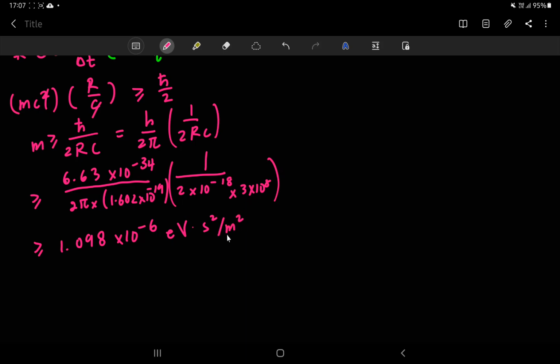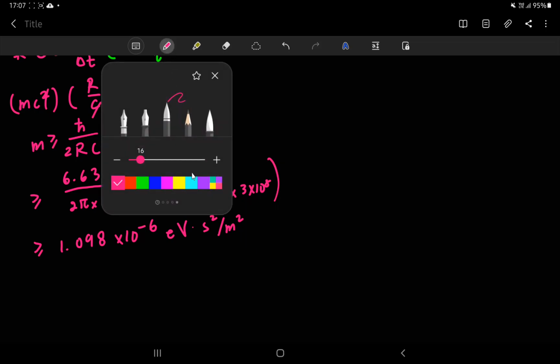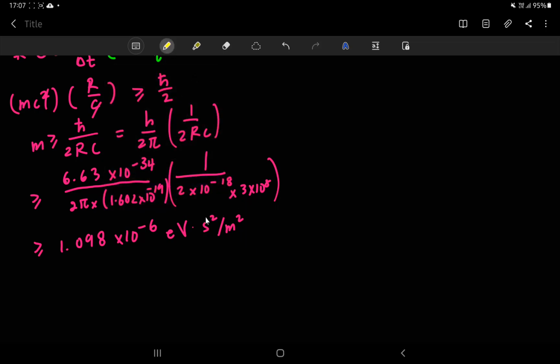Looking at the unit, this is actually the unit of 1 over v square. So I can multiply it with c square, so that the unit becomes eV over c square, like that.